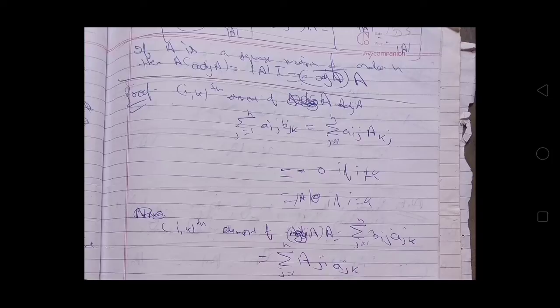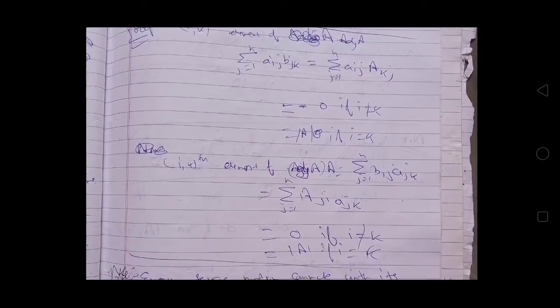The entry Bjk has been replaced by capital Ckj because we know that in the adjoint of A the entry is like Ckj. That will be equal to 0 if i is not equal to k, and that will be equal to the determinant of A if i is equal to k. I have discussed this property in determinant.